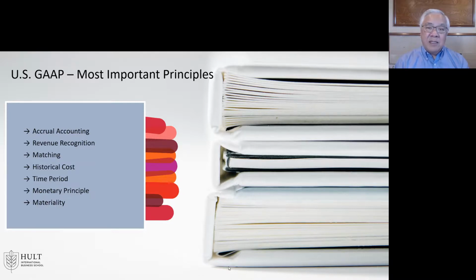Historical cost is one that is unpleasant sometimes because it leads to distortion. It means that we count the asset value of something we buy based on what it cost us. And if we bought something for $1,000 yesterday, it's on our books today and tomorrow at $1,000. Where it gets a little distorting is, let's say you bought a piece of land 50 years ago in downtown New York.